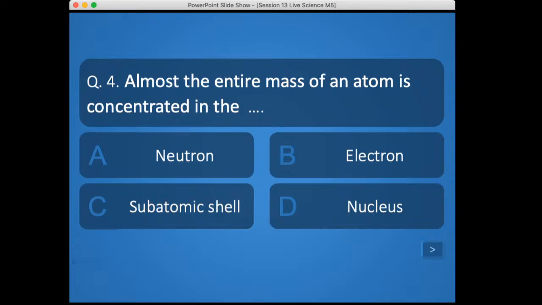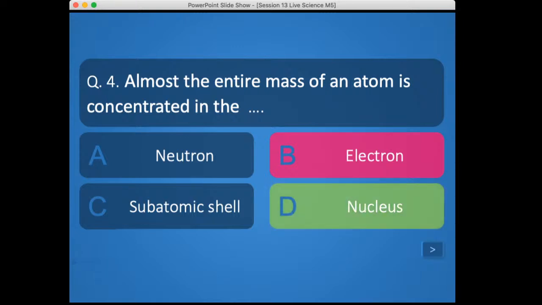Someone says electron, another one says nucleus. The correct answer is nucleus. Most of the mass is in the nucleus. The reason is because that's where the protons and the neutrons are.